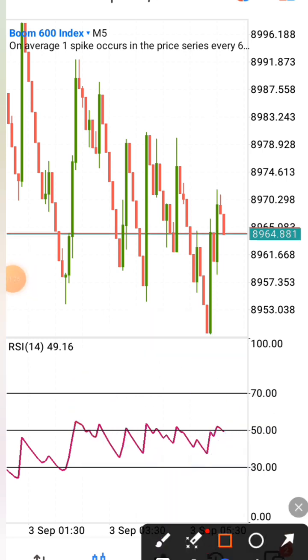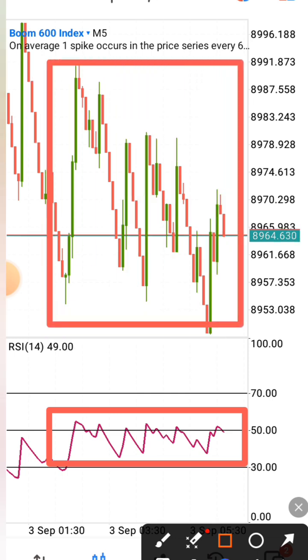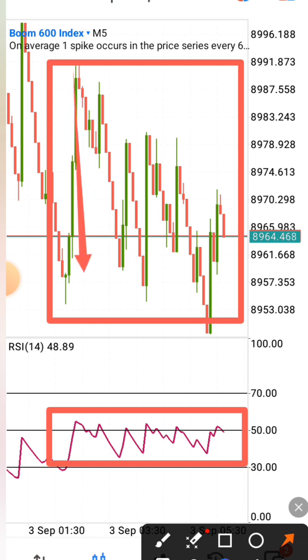When you see a market like this, look at this same structure. If you are new to this, add the Relative Strength Index with level 50 and period 14, just the default. Now when you go to your 5-minute time frame and check, you will see the same thing, both the shape and almost everything.